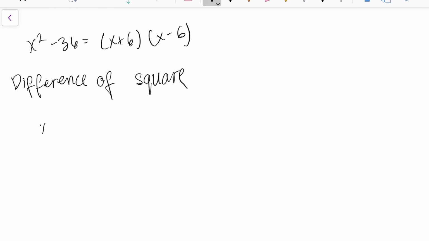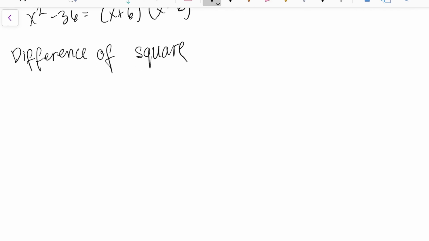So let's say we have a squared minus b squared. Oh, not plus. Why do I keep writing plus? Sorry, I get frustrated when I make a mistake. Okay, so a squared minus b squared. The difference of squares basically says that a squared minus b squared should equal a plus b and a minus b.